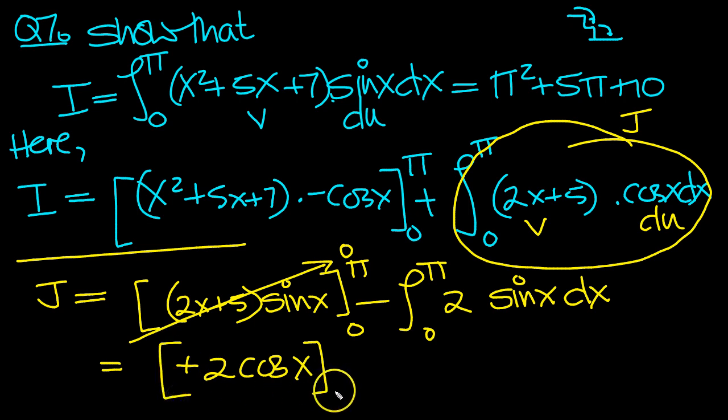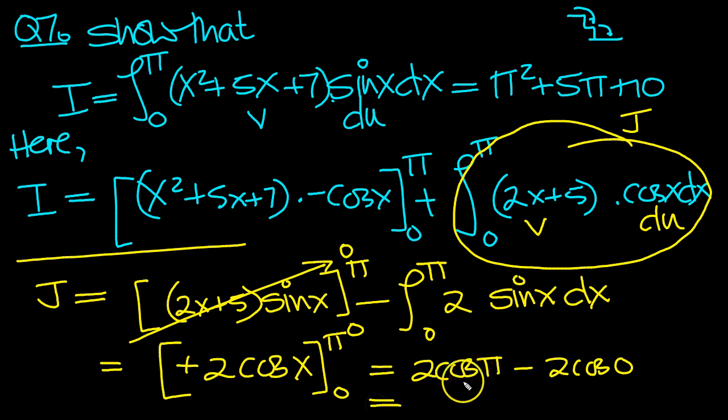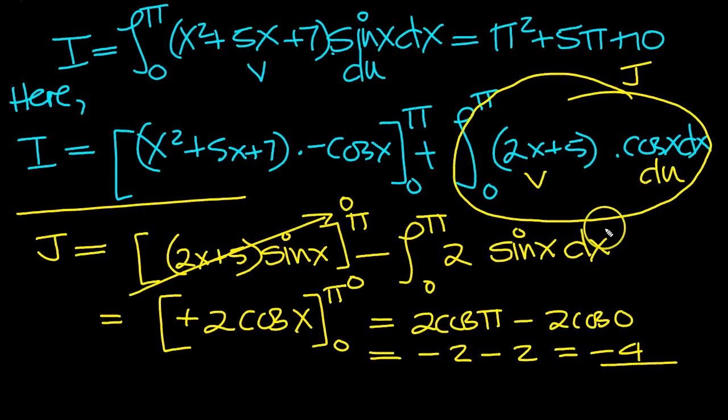We can write down that value like so, between 0 and pi. So it would be 2 cosine pi minus 2 cosine 0. Cos pi is minus 1, so that's minus 2 minus another 2 is minus 4. Okay, that's j then, so we draw a line across the page and that's that problem done.